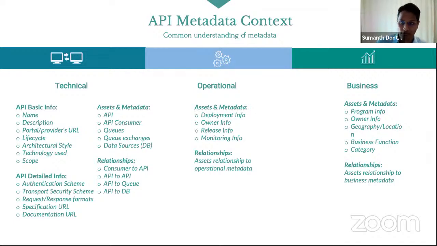From the operational point of view, those guys are more interested in where it's been deployed, who the owners are, what release it belongs to, what monitoring tools these APIs use, and the relationships associated with that. Coming to the business point of view, which program these APIs belong to, the owners, the business functions, category, and more related to the business assets.